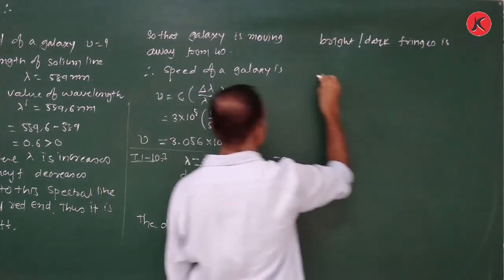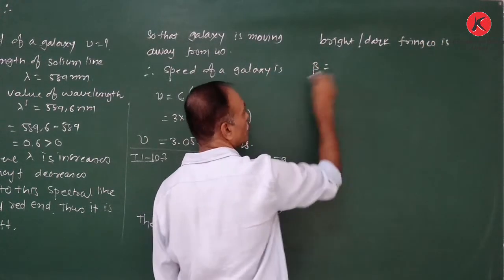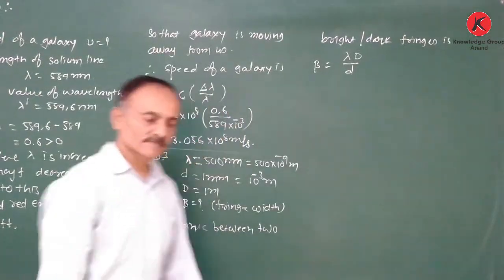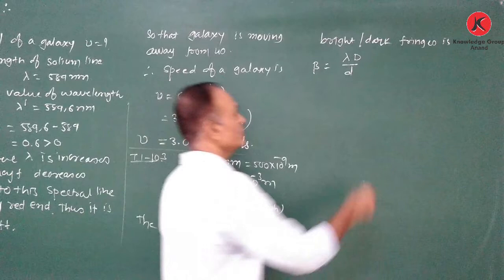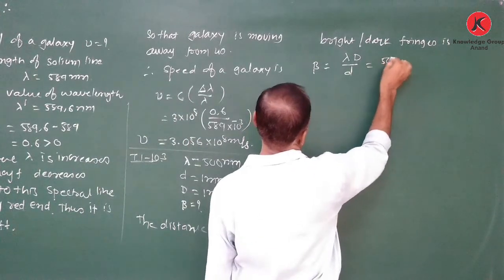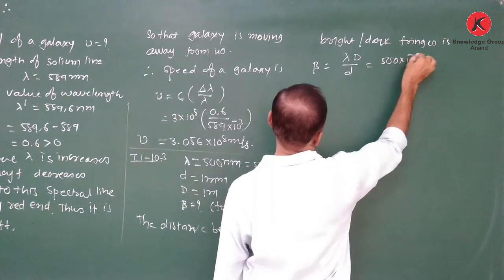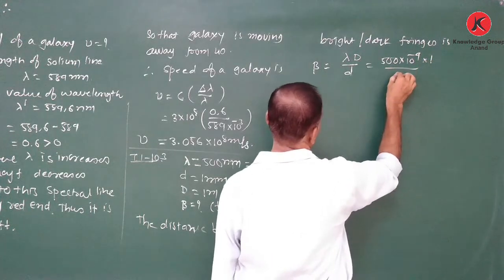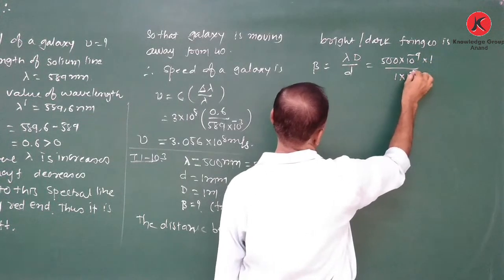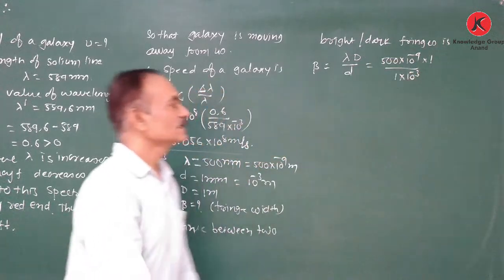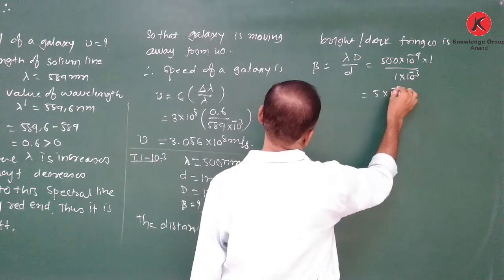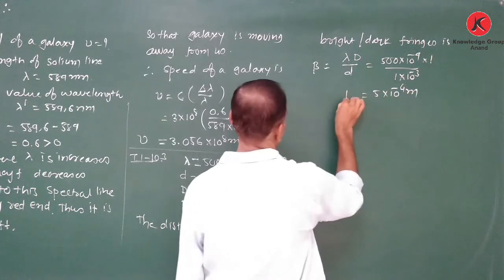The distance between two bright or dark fringes is beta equal to lambda D upon d. Lambda is given as 500 nanometer, so 500 into 10 to the power minus 9, into D which is 1, upon d, 1 millimeter, so 1 into 10 to the power minus 3. Therefore, 5 into 10 to the power minus 4 meter.